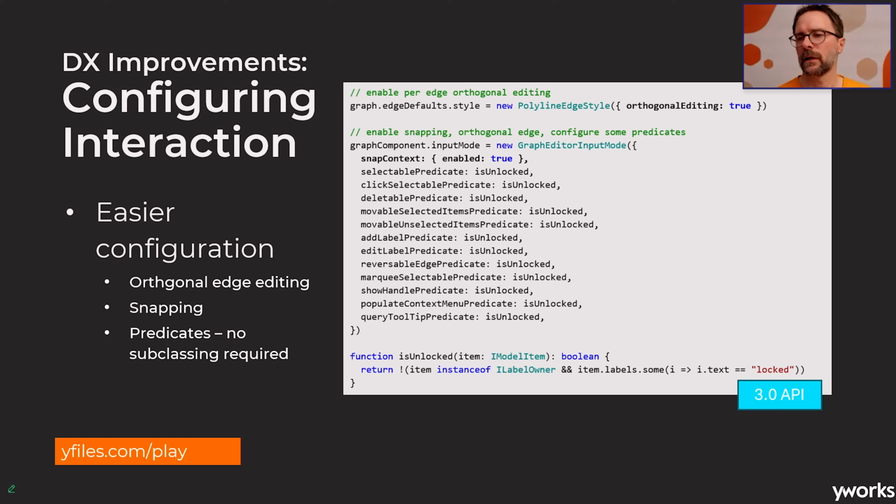So when users create new edges or edit existing edges, they will stay orthogonal just by toggling this setting on the various edges. The same holds true for the snapping context, which is responsible for enabling the interactive snapping that I just showed you. And this is now just one enabled true line of code away. It will automatically work once you add this configuration.